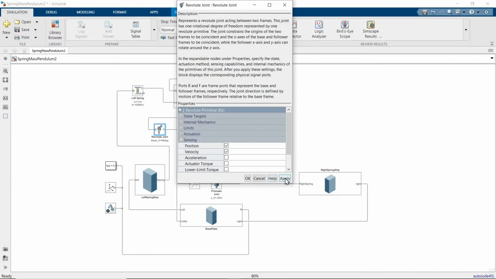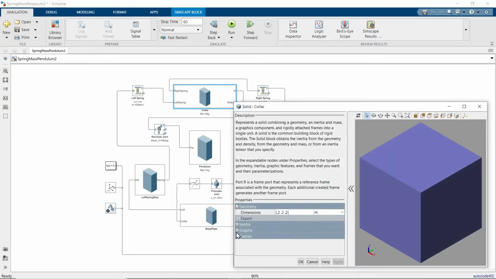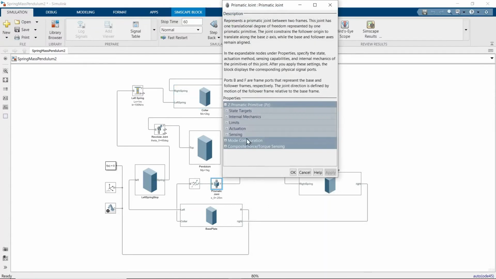Let's pick up both of those. Apply and OK. And let's do the same for the collar too. We need it under the prismatic joint to pick up the position and the velocity here.